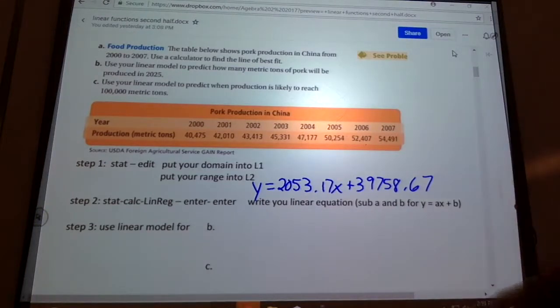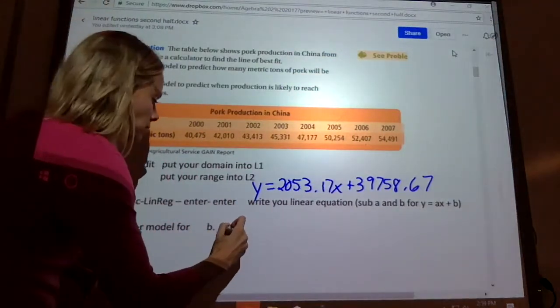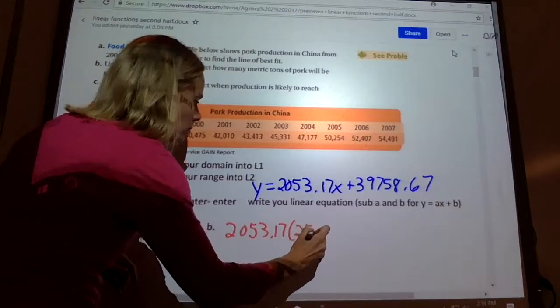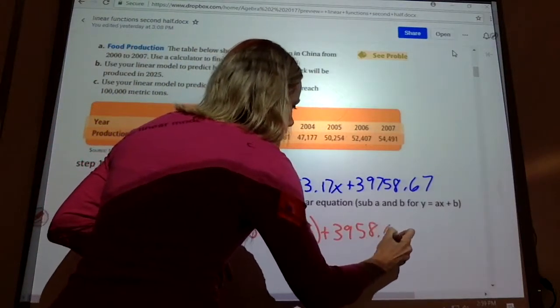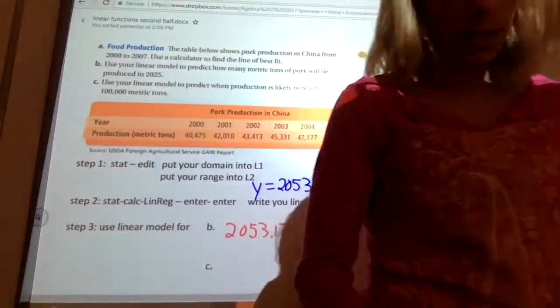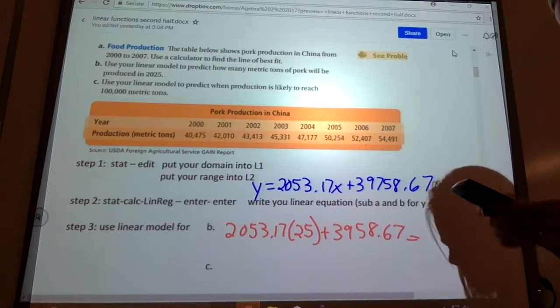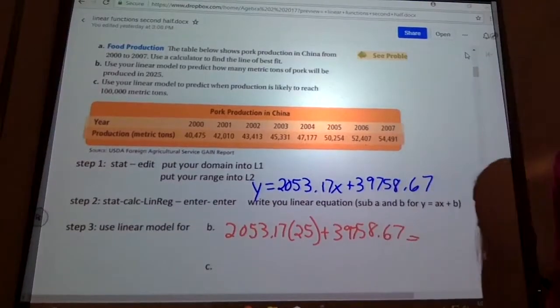So now I can put 25 in for x. Okay. And that'll be how many tons? So what's that equal? So 2,053 times 25 plus, I'll edit it.